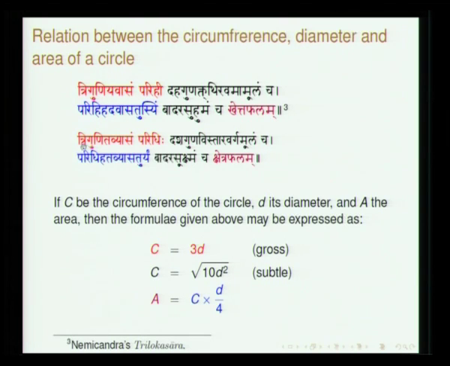This is Trigunita Vyasa, 3 times the diameter. Parihi is Paridhi, Paridhi is circumference. So, C is 3 times D. Then Dahagunak Thira Vama Moolam Cha. Cha is obviously 'and'.